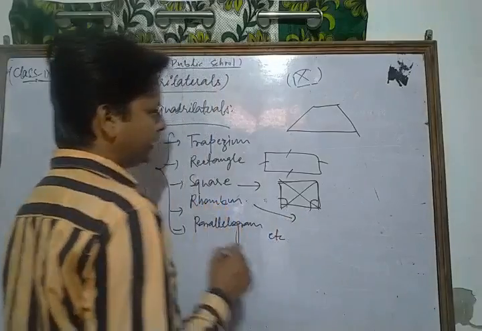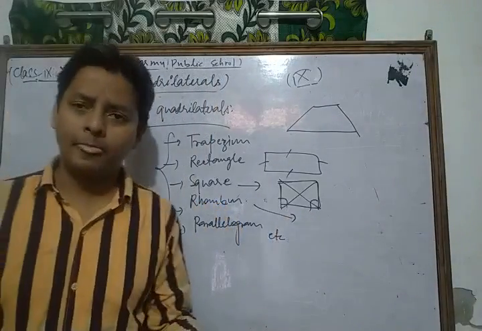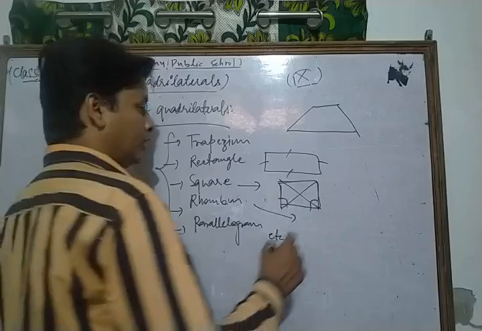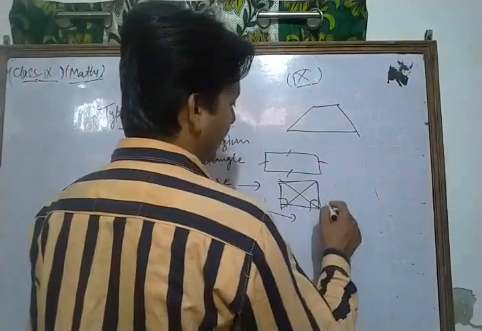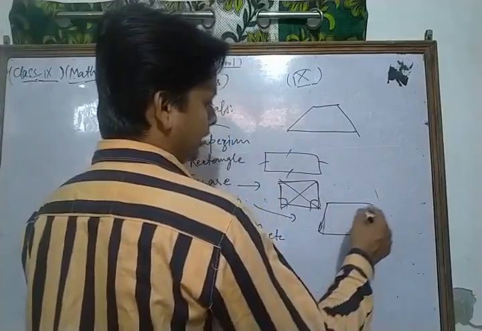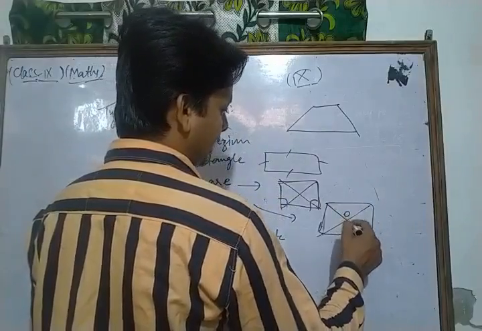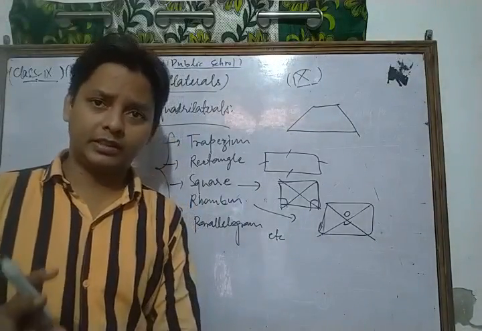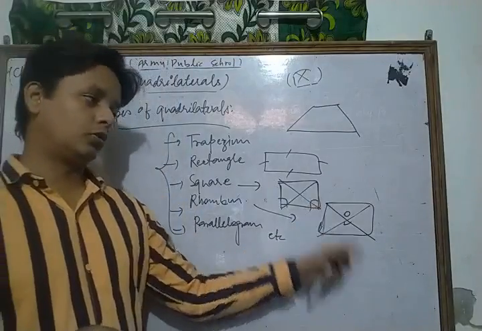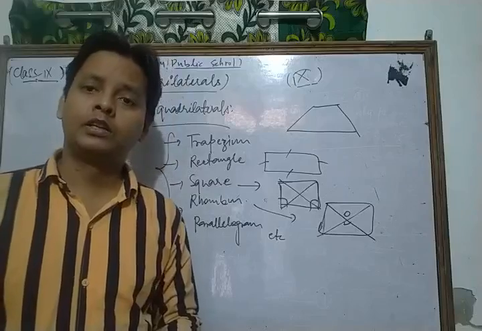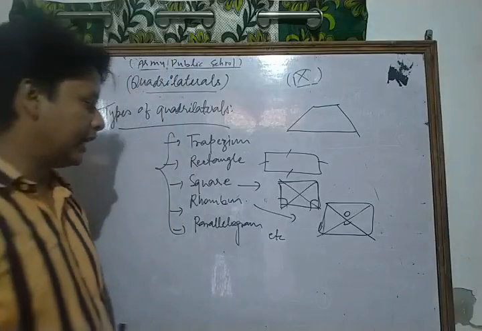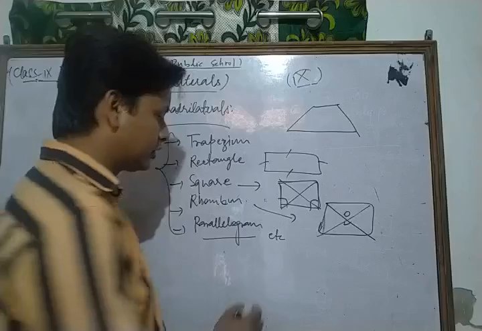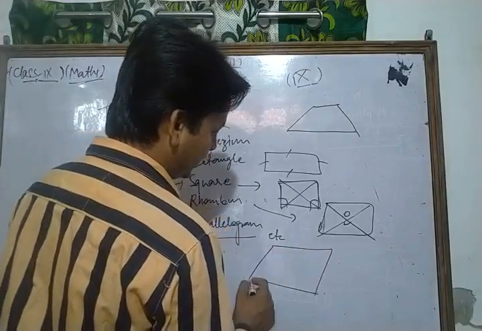Rhombus is a special type of quadrilateral in which all of its sides are equal to each other, opposite sides are parallel, and the diagonals of the rhombus bisect each other at right angle, meaning 90 degrees. And parallelogram is also a type of quadrilateral in which opposite sides are parallel and equal to each other.